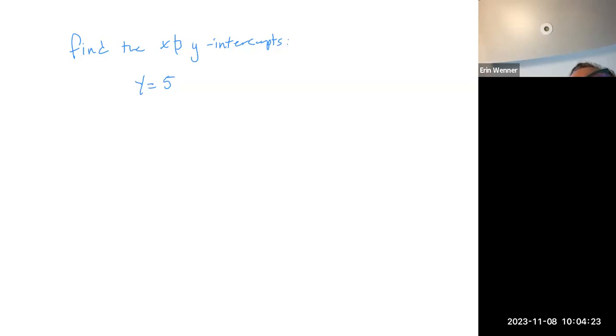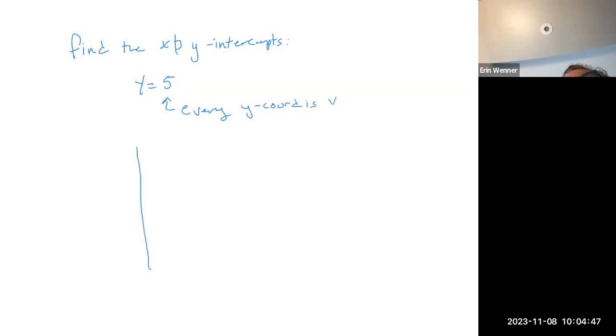So how do I know that it's a vertical line? Well, remember, y equals 5 has to do with every y coordinate being 5. So this is a horizontal line, excuse me.